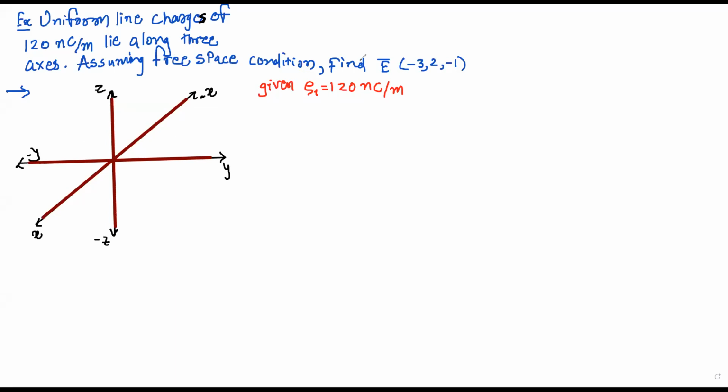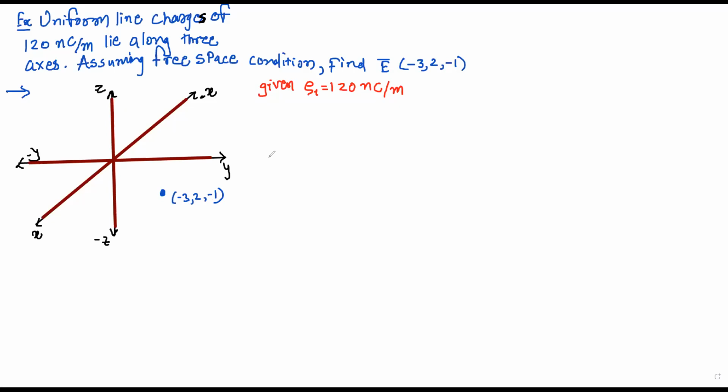So this much information they have given, and they have asked you to find the electric field intensity at some point, let's say here. What is that point? The point is (-3, 2, -1). Right?